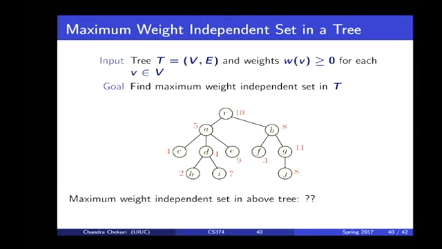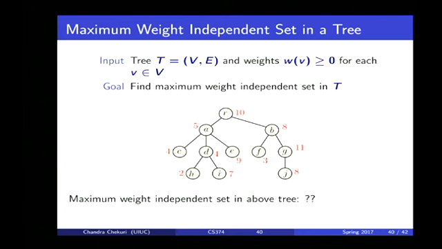If I want to include the root, what should I remove? Including the root means I have to throw out the root and its neighbors, its children. What do you get? You get the grandchildren, and I have to solve each of them.